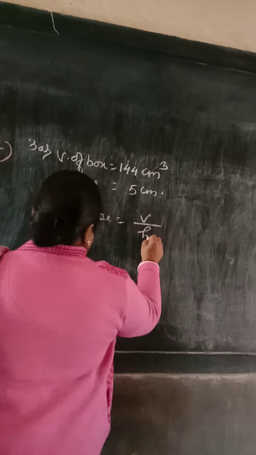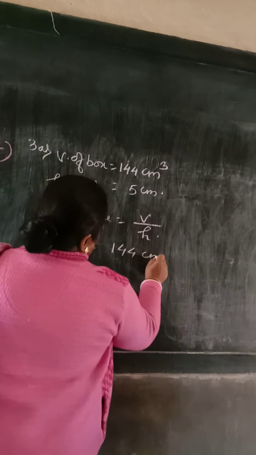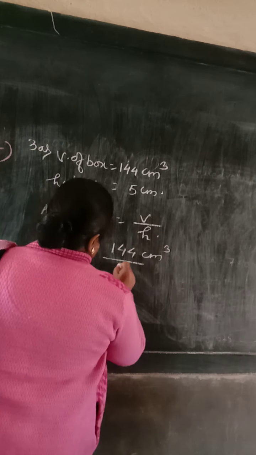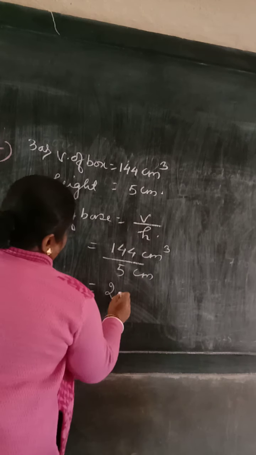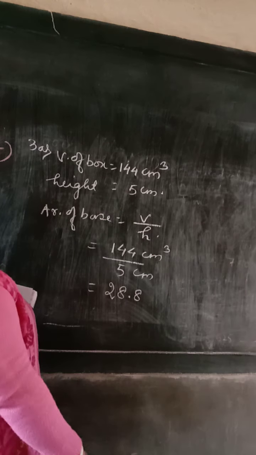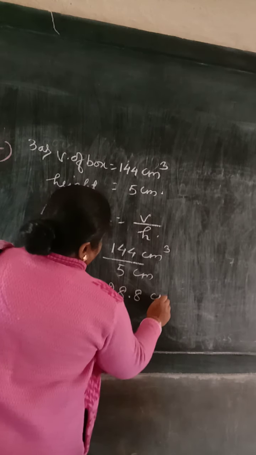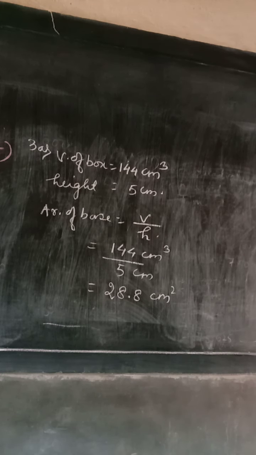Volume divided by height, we have learned. It gives you 144 centimeter cube divided by 5 centimeter, which gives 5 eights are 40, 5 eights are 40. Now you had centimeter cube and here 1 centimeter, so I am left with centimeter square.